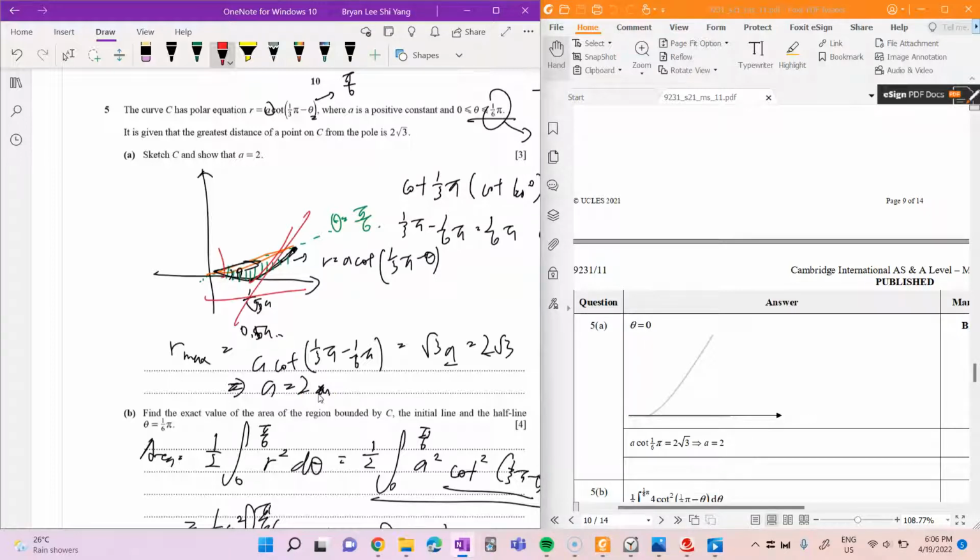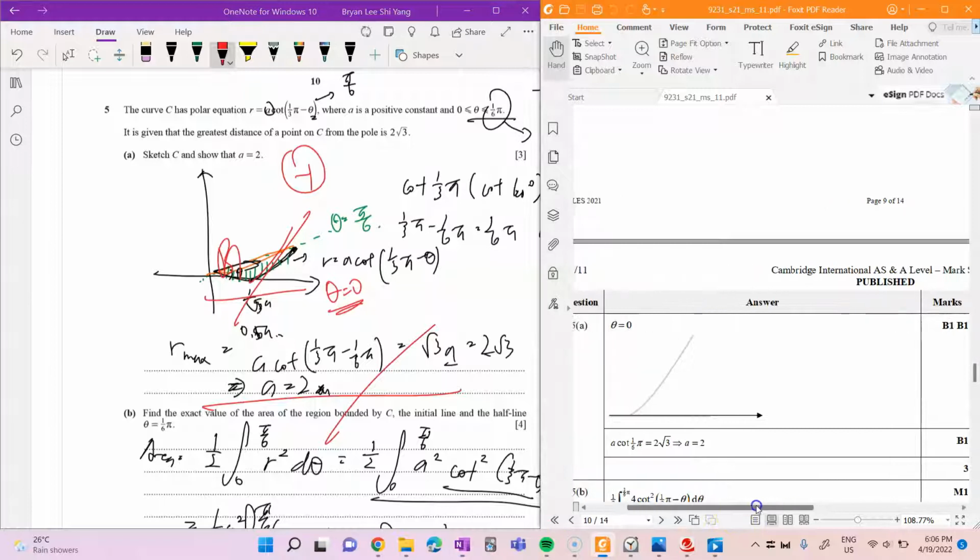So again, I would say B1, and then I think I'll have to deduct myself 1 mark here because I didn't label this as theta equals to 0 because it could be anything. And then for this one, I did prove it, so this is another B1.